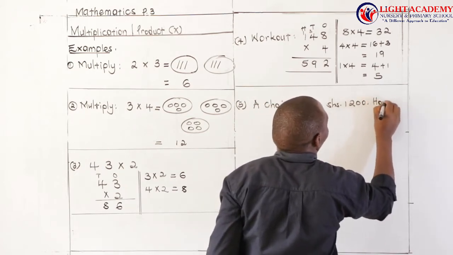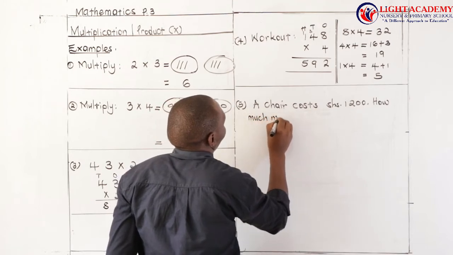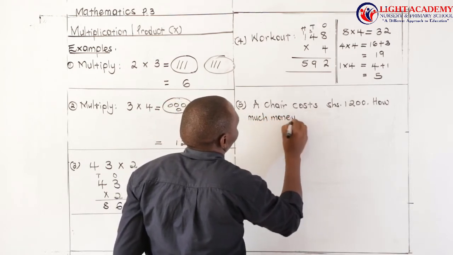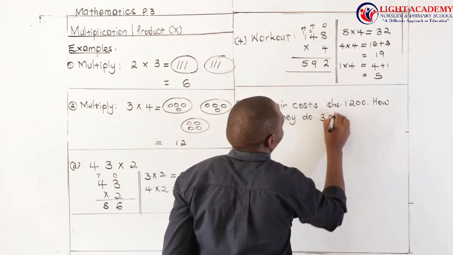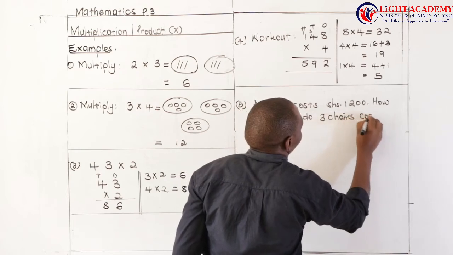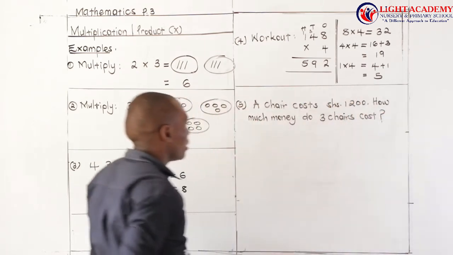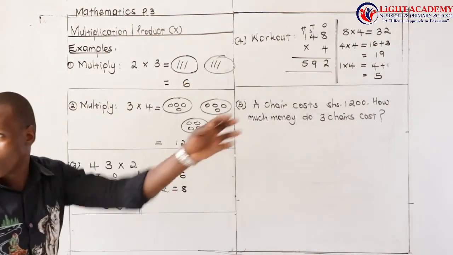How much money do 3 chairs cost? That is another question. Multiplication can be set also in form of words.